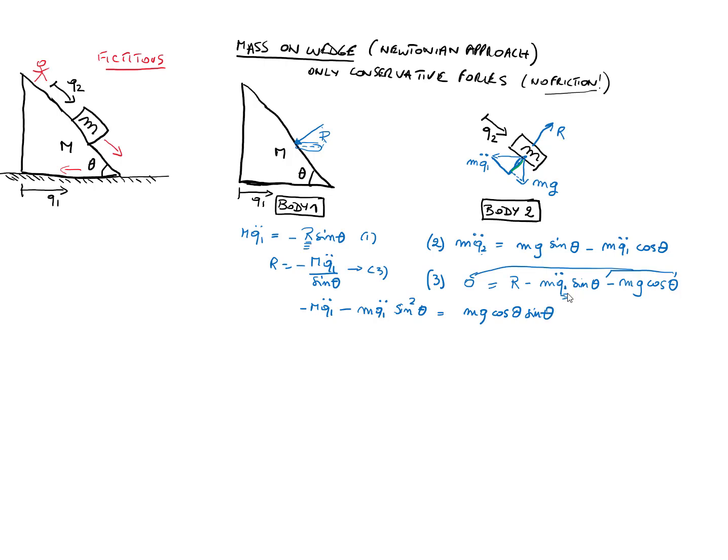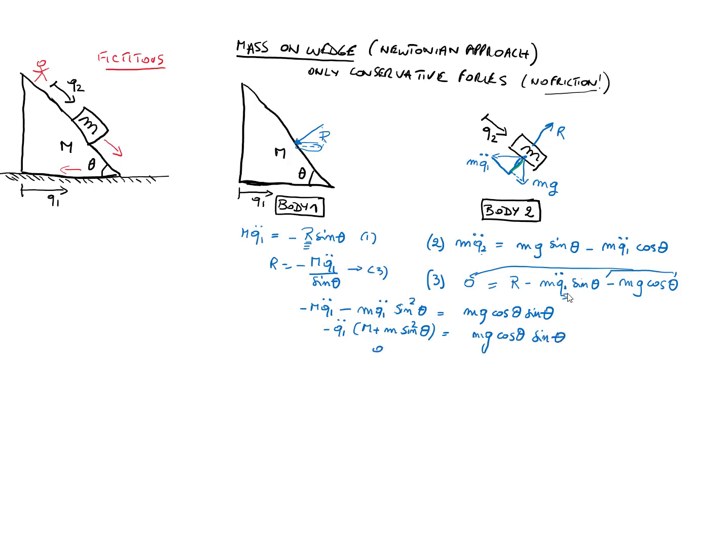So I can write this as minus q1 double dot times big M plus small m sine theta squared is equal to mg cos theta sine theta.